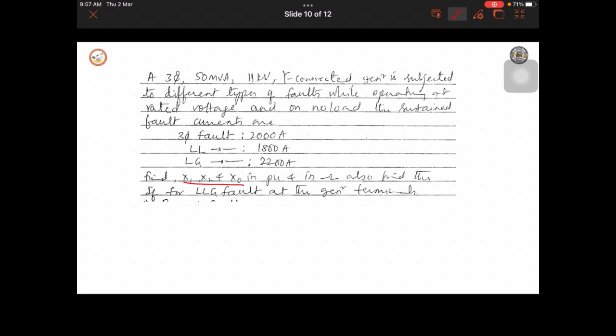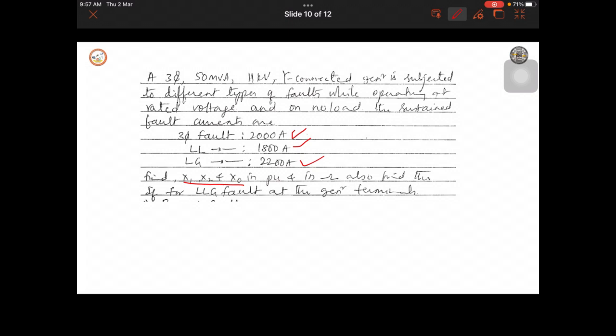The sustained faults are: a 3-phase fault is given, a line to line fault is given, and a single line to ground fault is given. We have to find the reactances both in per unit and in ohms, and also find the double line to ground fault at the generator.